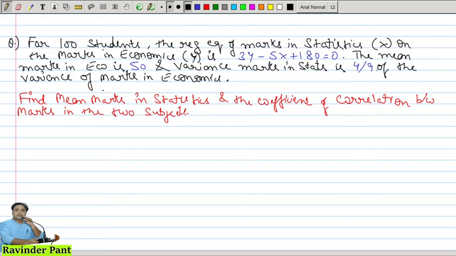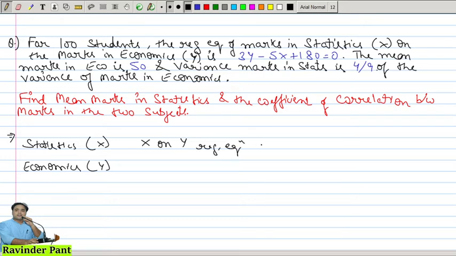Now one thing is given, that statistics is denoted by x and economics by y, and the regression equation of statistics on the marks of economics, it means x on y regression equation, is given, which is 3y minus 5x plus 180 is equal to 0.